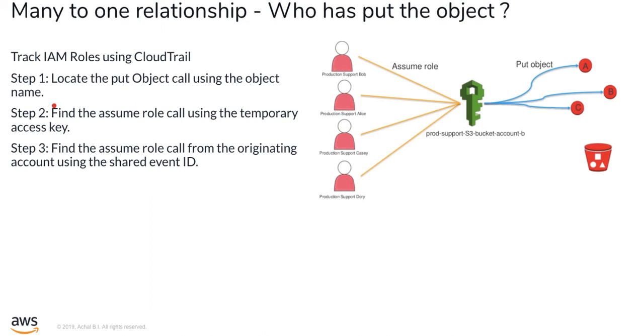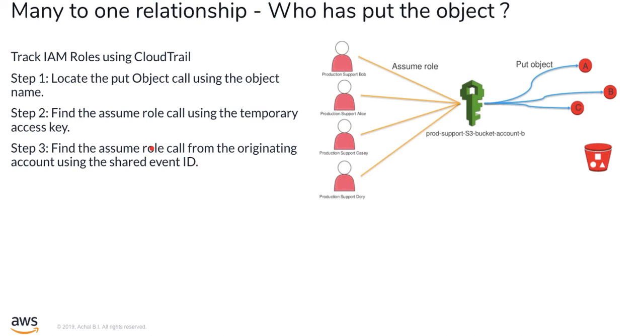Step one is to locate your put object call, where this call was made, using the object name. Here in this example, we are using an S3 bucket and the object.